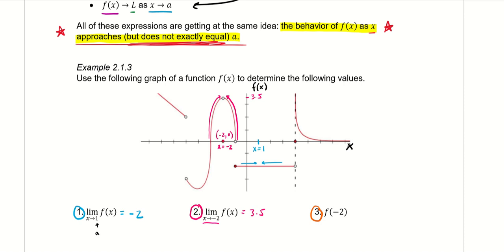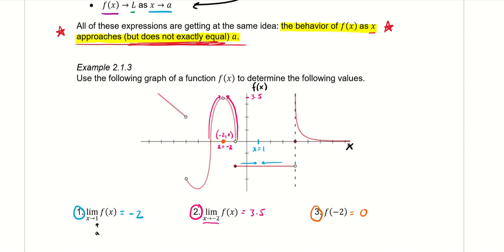So instead of calculating a limit, if we see an expression like this, f of -2, this is actually just asking us what is the value of the function at -2. And we just said that going through part 2 of this question. Well, we've got this filled in circle here at x equals -2. This filled in circle is at an f of x value of 0. So f of -2 is 0.